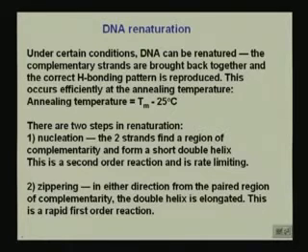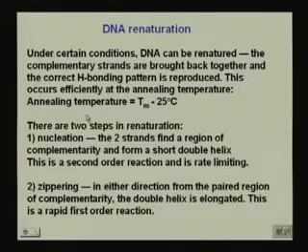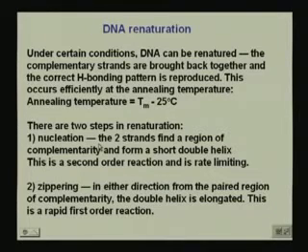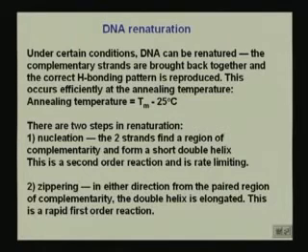Whatever the Tm is, minus 25 degrees centigrade, it is kind of a rule of thumb for the annealing temperature. Now, there are two steps in the renaturation. First, there is a nucleation. This nucleation is where the two strands find a region of complementarity, and then they form a short double helix.